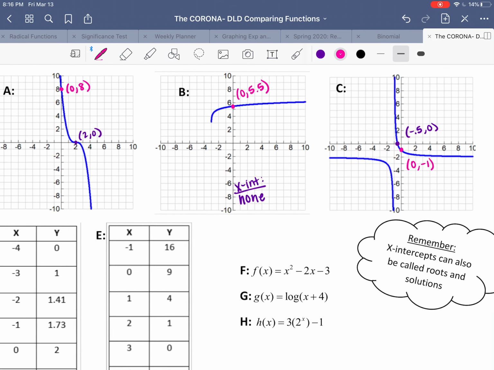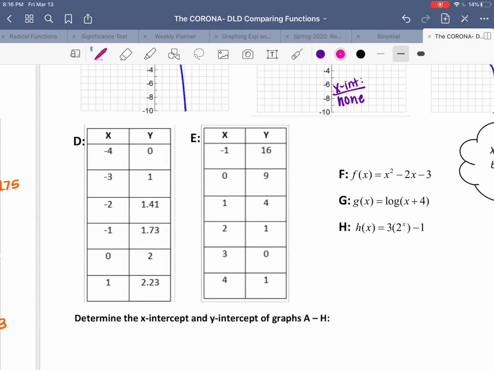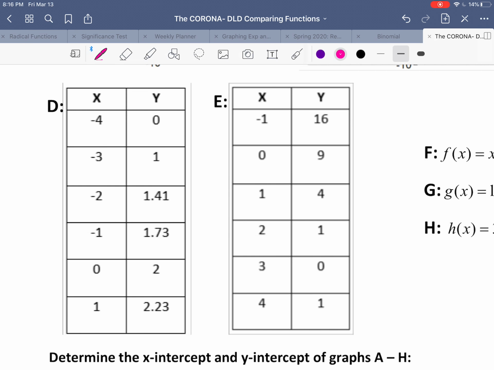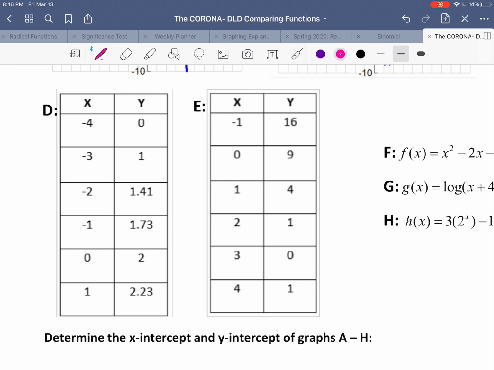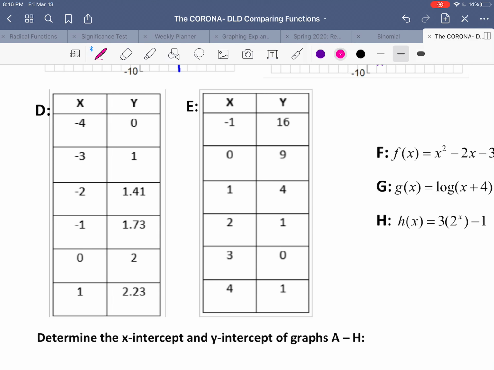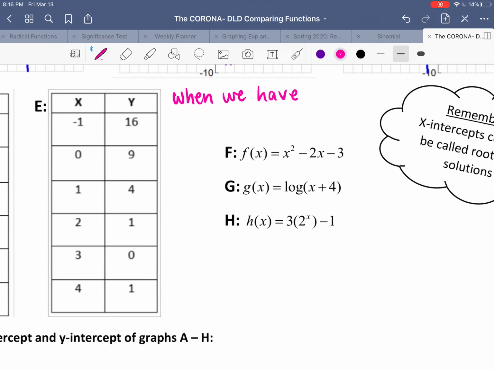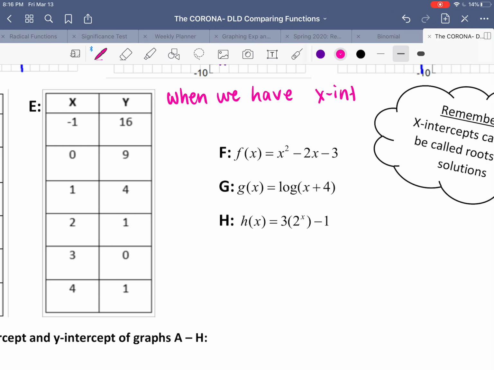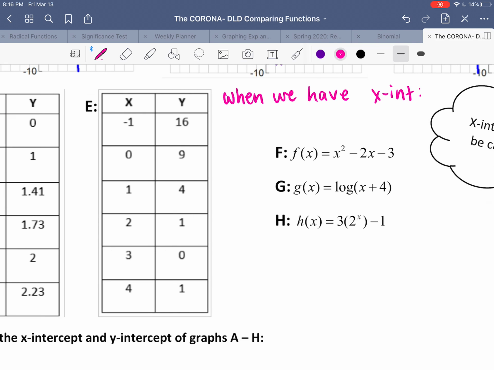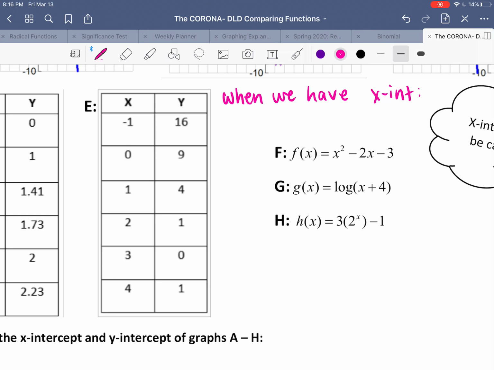Now, if we move to tables, the biggest thing to remember here is what is happening when we have an x-intercept and we have a y-intercept. So when we have an x-intercept, we need to think about what our y is doing. So when we have an x-intercept and we're on the x-axis, y is going to be 0.